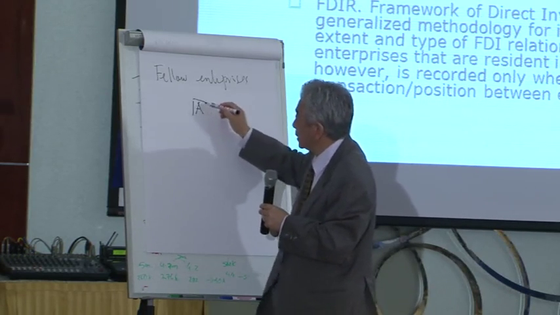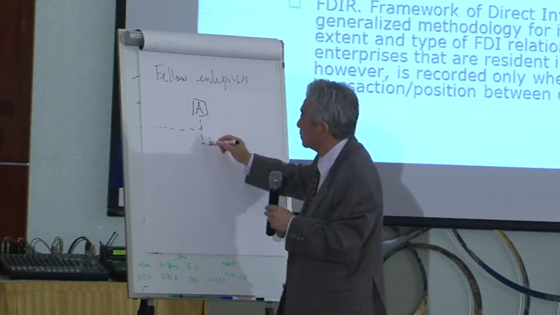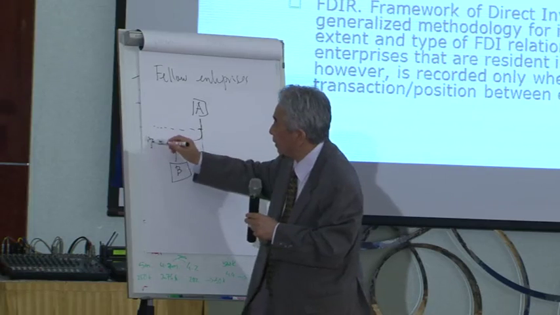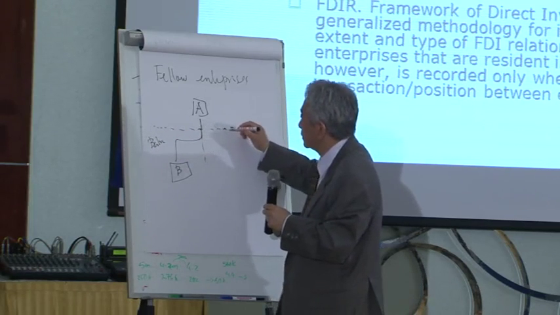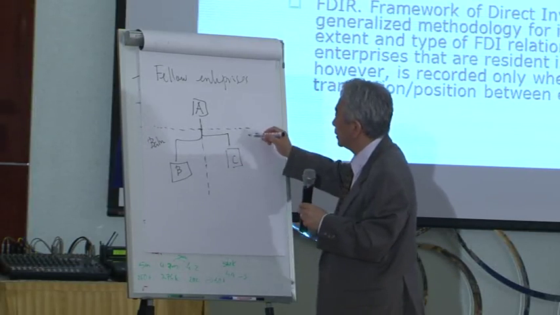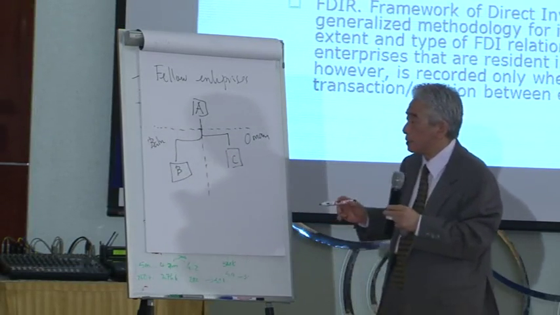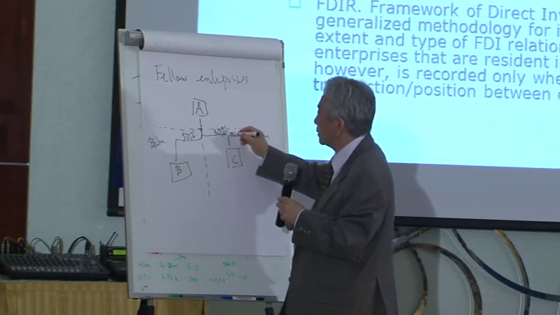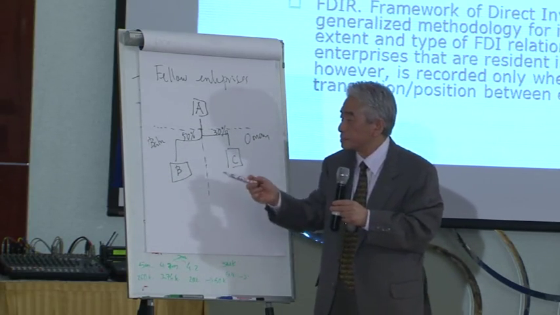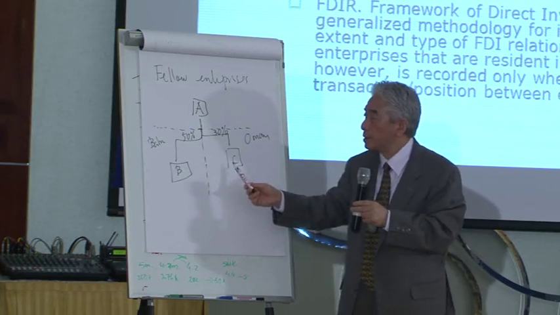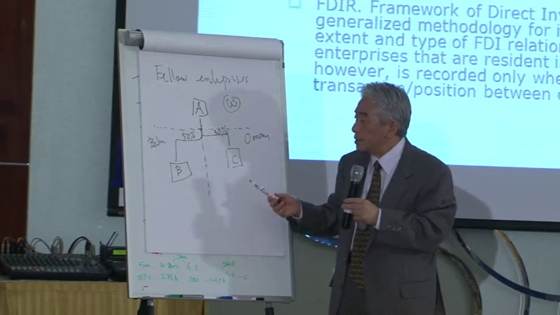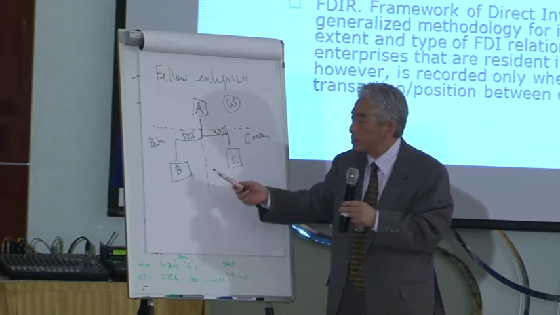For example, company A in the United States owns company B in Bahrain, and also company C in Oman. In this case, A owns B 50% and A owns C 30%, for example. Both companies B and C have a common parent company, which may be in the US.